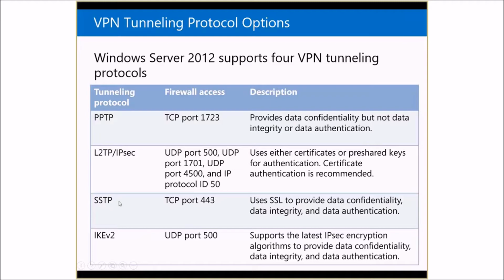But this is only able to be used for remote access, like the individual user dialing in, not for site-to-site VPN. It uses SSL or secure socket layer to provide data confidentiality, data integrity, and data authentication. And there's IKEv2, which supports the latest IPsec encryption algorithms to provide data confidentiality, data integrity, and data authentication.